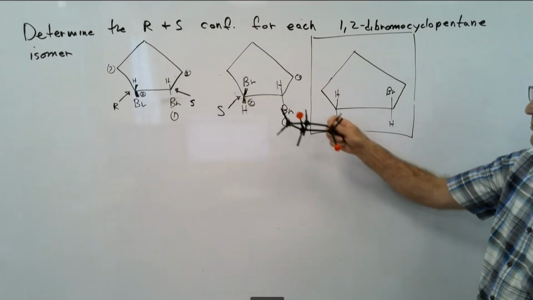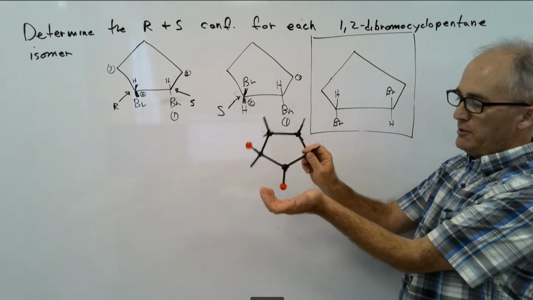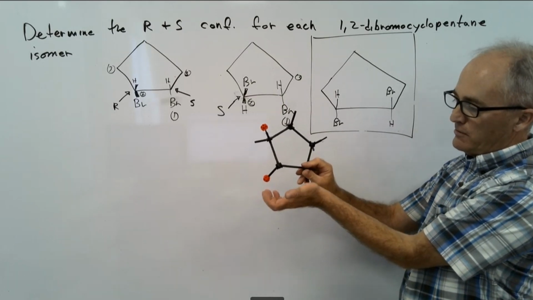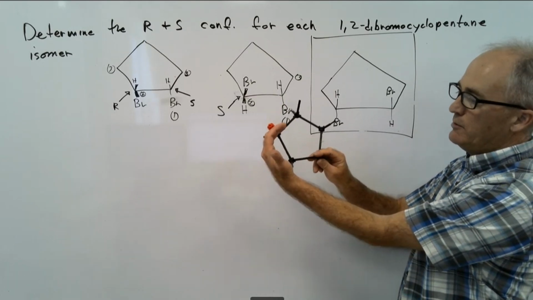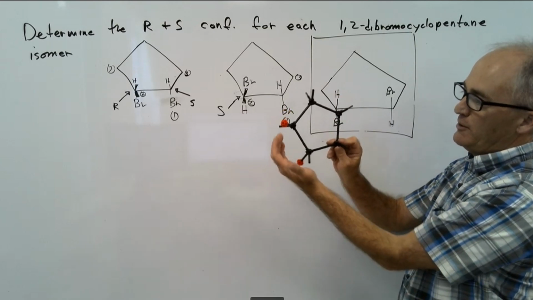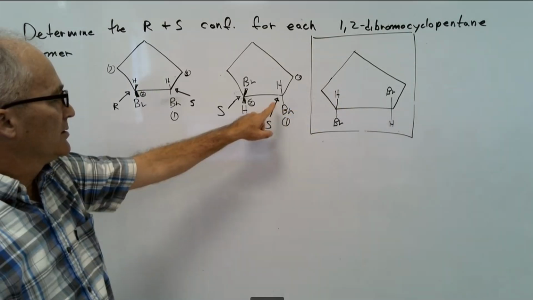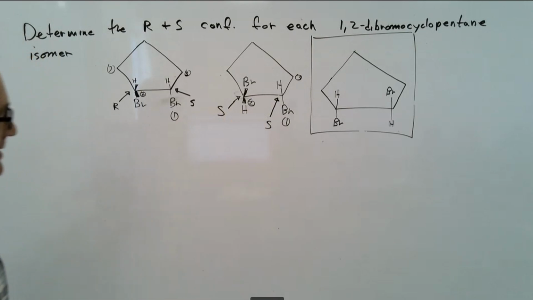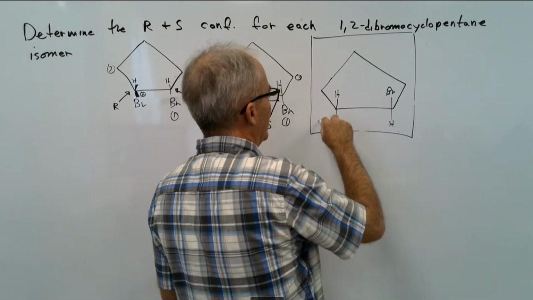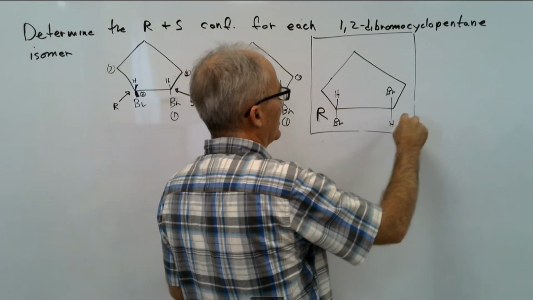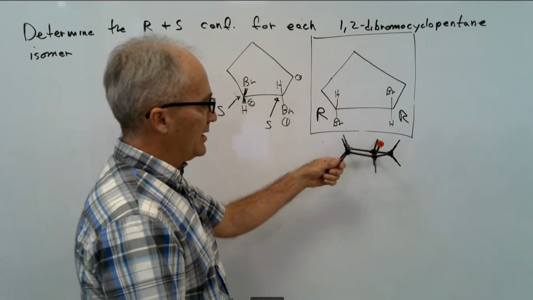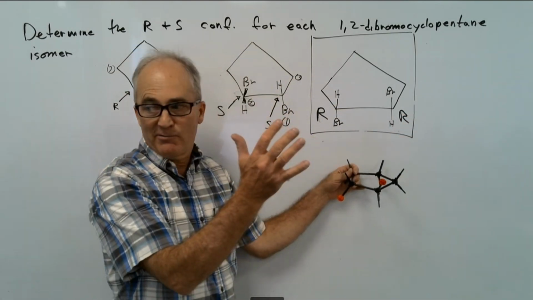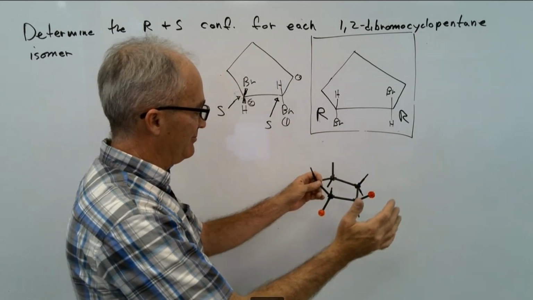Check it out with the model. Point my thumb out because hydrogen's out. Here's my number 1, my number 2, around to my number 3. So these are both S,S, and if I trust my work, I'm probably just going to say this must be R,R. I got my model. If I trust my work, I'm going to just grab my right hand.